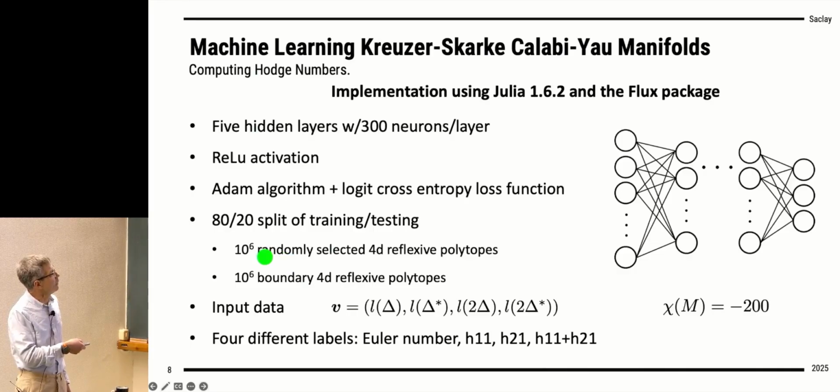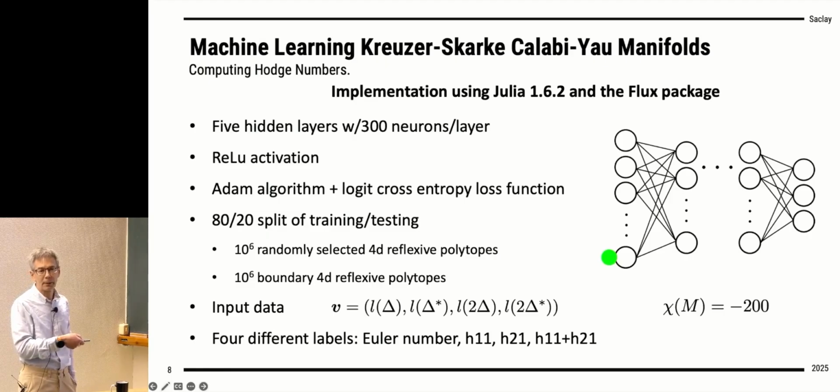I take this set of polytopes, I train on 80,000 of these polytopes, knowing what the Euler number is, and then I take 20,000 of them and I test to see how well I was able to train, to predict the Euler number based on what the neural network learned. In all of these cases, I then compare to see how well it does.